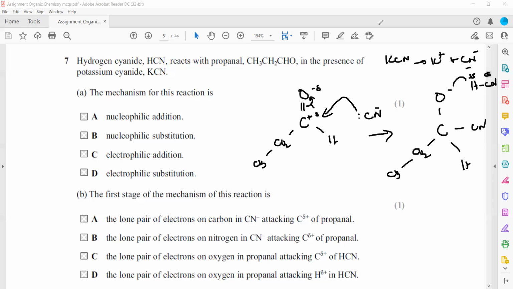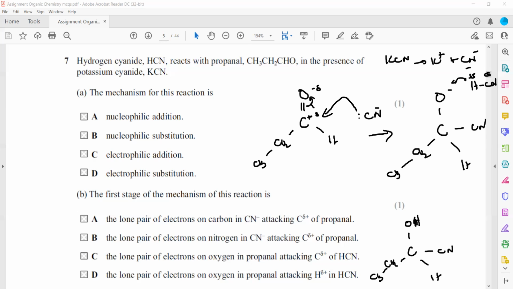The partial positive hydrogen is attracted towards oxygen, and it will form a bond. So it will form OH, then CH2, CH3, then CN is there, and H is there. So it converts into a hydroxynitrile.